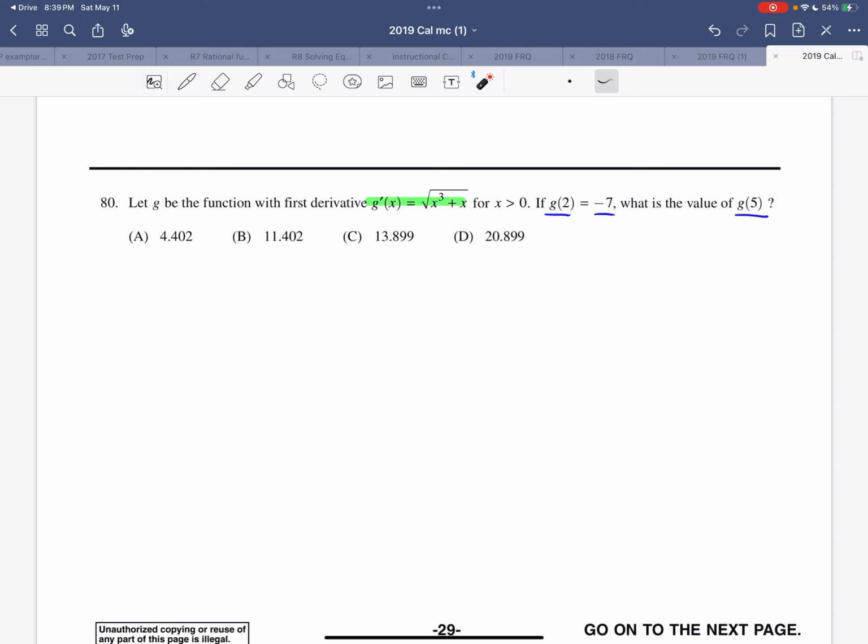Do you see x is going to be 2 to 5? So let's set it up. This is a typical question that you will always get. The integral from 2 to 5 of g prime of x dx, right? That's gonna give you g of x from 2 to 5. So let's do this.